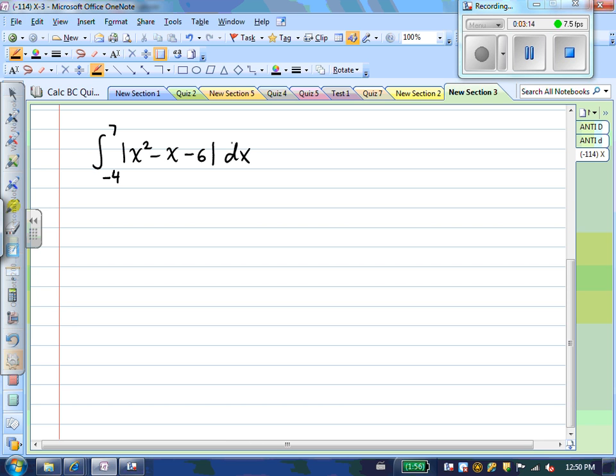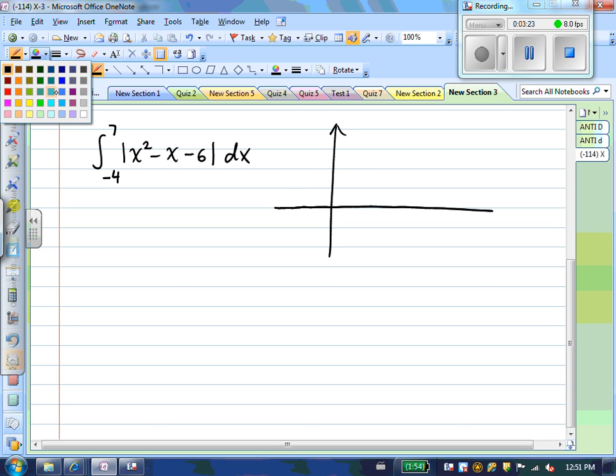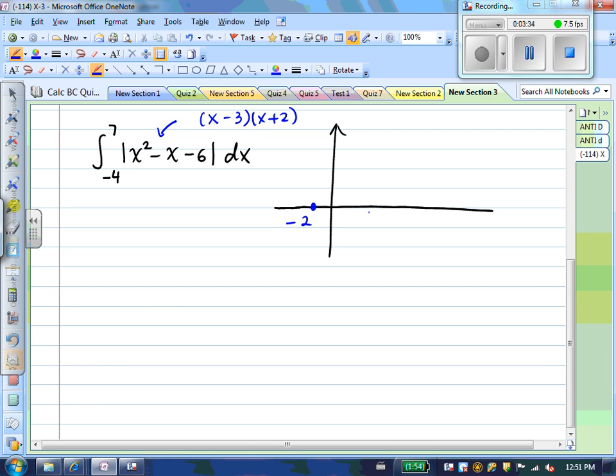This one's a little bit more difficult, but if we take a look at what this graph looks like, it'll be very helpful to our understanding. So I can factor this into x minus 3 times x plus 2, which gives me intercepts at -2 and again at 3. Normally we would graph the parabola and it would look roughly like this.